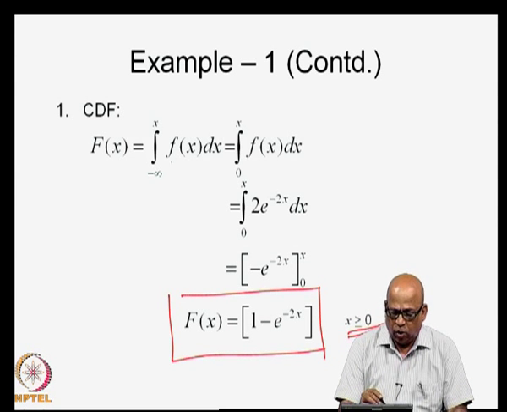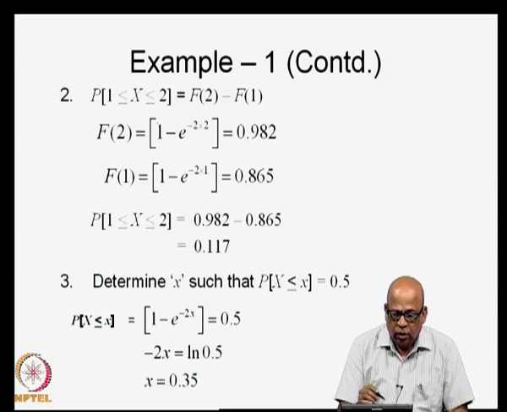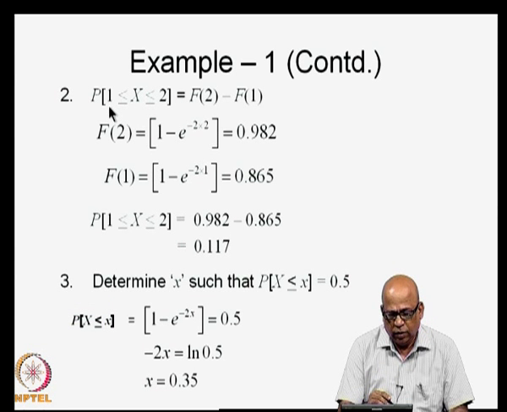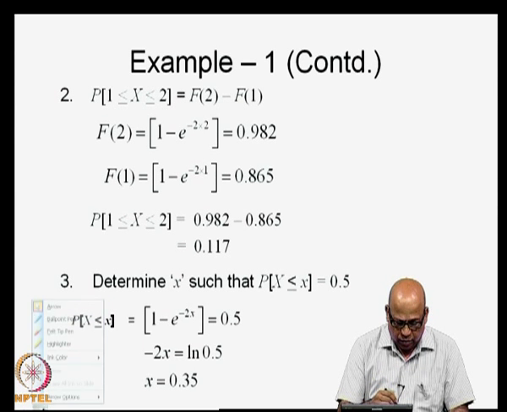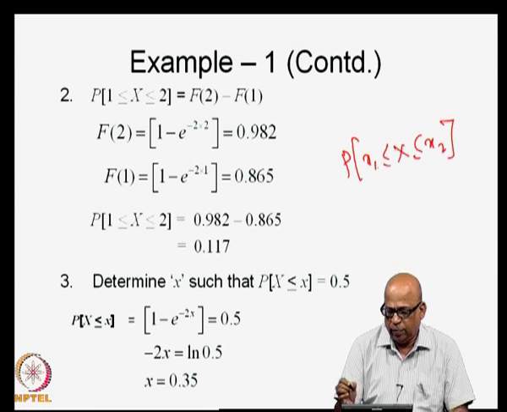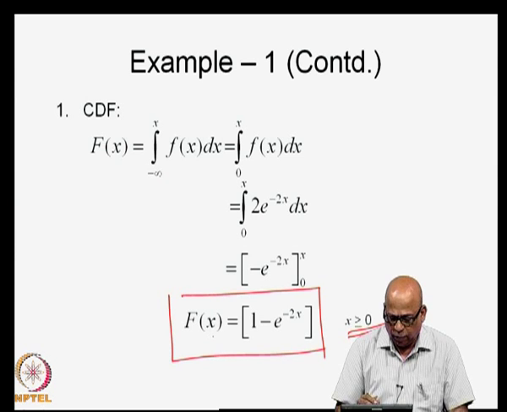To get the CDF, all you have to do is integrate the PDF between minus infinity to x. Then we want the probability that x lies between 1 and 2. Recall that we just defined the probability of x taking on values in a particular region between x1 and x2 is simply F of x2 minus F of x1. And we have obtained the F of x already.